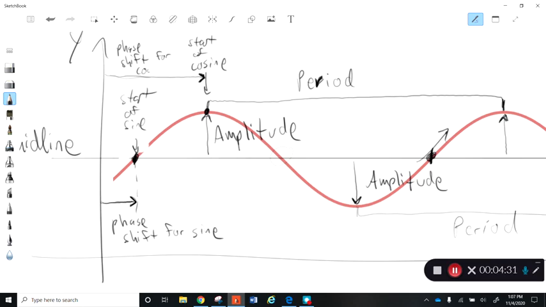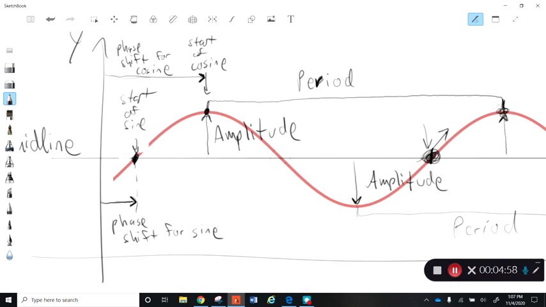So the phase shift is basically a horizontal shift. The amount of the phase shift depends on whether you want to describe this with a sine function or a cosine function. Either way, we're going to take one of those, sine or cosine, and do a transformation, shifting it left and right. And by the way, you can also shift it further. If you wanted to shift it all the way over here for sine, you could shift it there. Or for cosine, you could shift it all the way down to here.